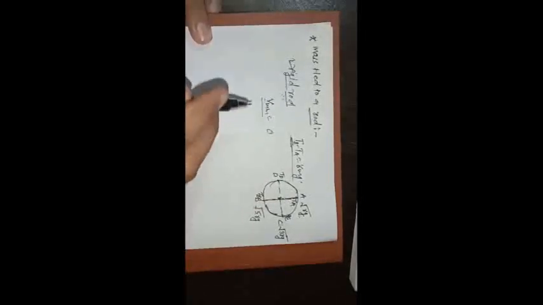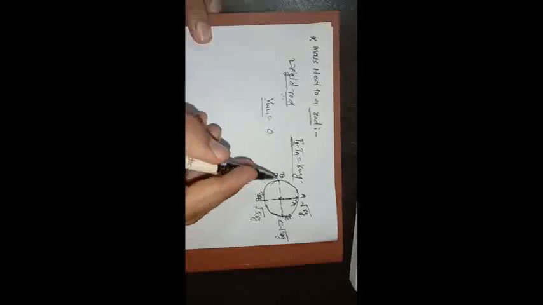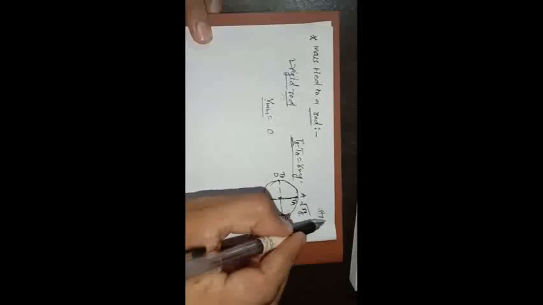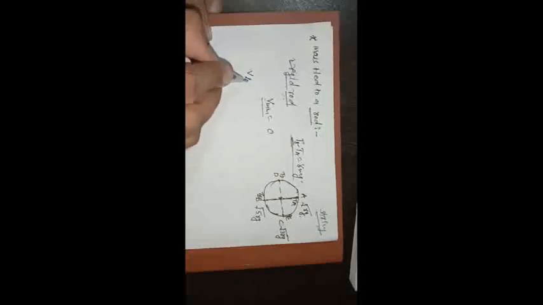In the same way, if we apply the same mathematics as for the string to the rigid rod, the minimum velocity at the lower point, that is at point B, is given by under root 4rg, or we can write 2 under root rg.